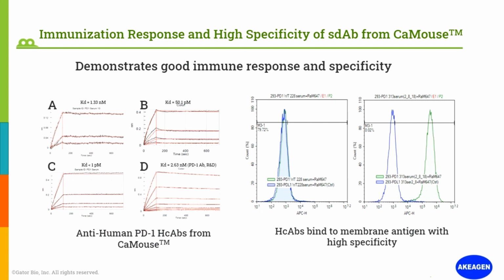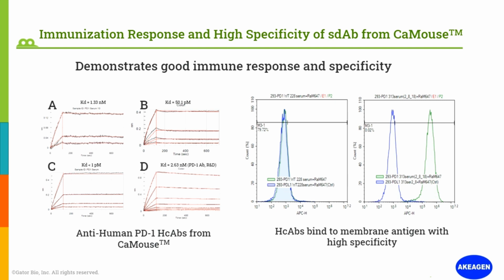So the first question is, once we got those mice, we want to test whether they can give an immune response to the antigen we immunized. This is the case where we immunized the camel mouse with antigen for different times. After each immunization, we collect the serum and test the binding activity to the antigen we used.